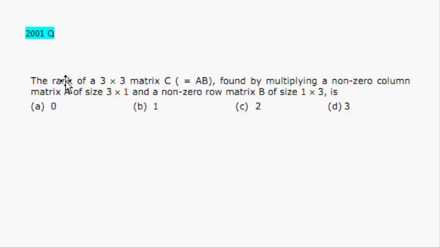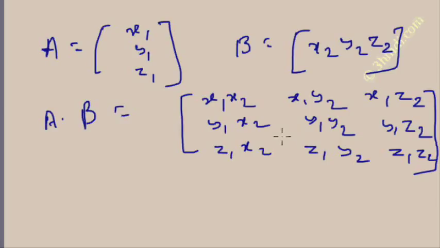Here is another question of 2001. The rank of a 3 into 3 matrix is found by multiplying a non-zero column matrix A of size 3 by 1 and a non-zero row matrix B of size 1 by 3. You are required to find the rank. Suppose A is the column matrix with elements x1, y1, z1, and B is the row matrix with elements x2, y2, z2.